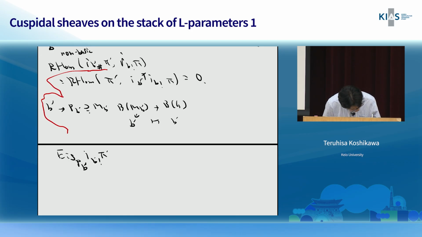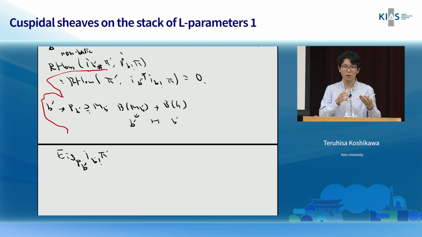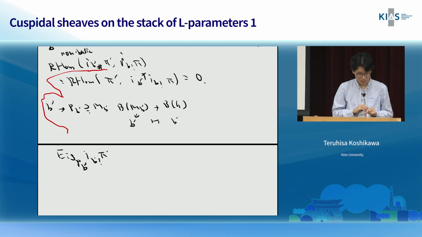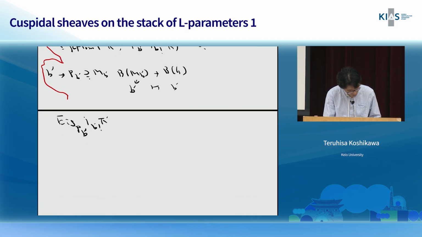Yeah, so b prime is a basic point, an open point, and pi prime is just supported at that point, and then you take the Eisenstein sheaf, and you get this sheaf. So somehow this condition says that certain Hom from Eisenstein series vanishes. And you can easily generalize; the more general statement is the following.